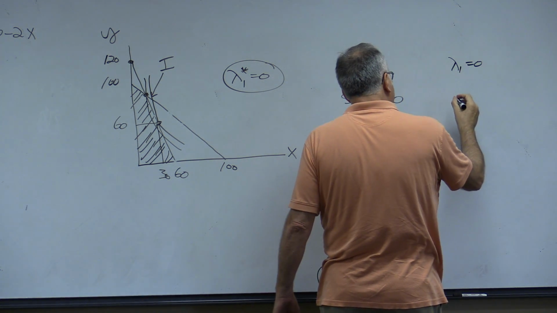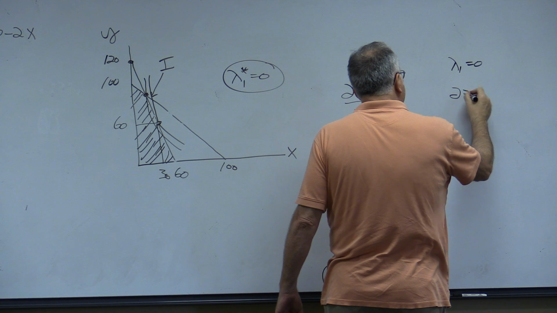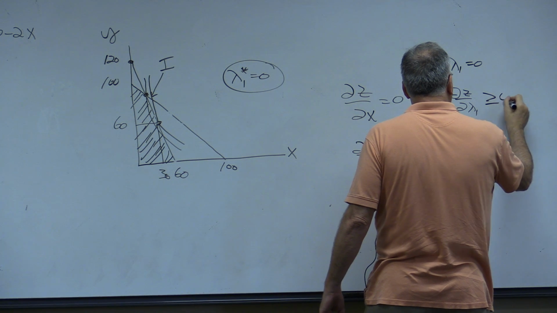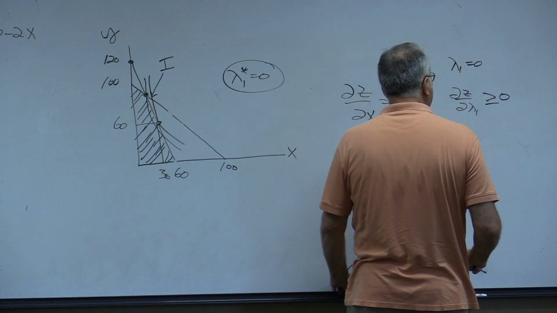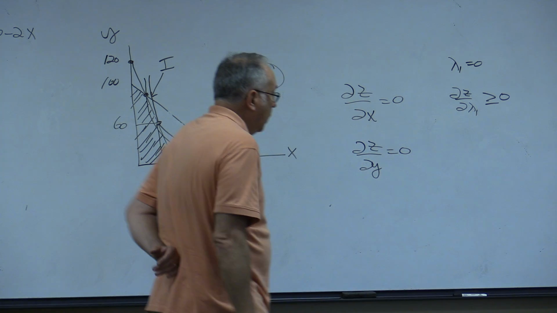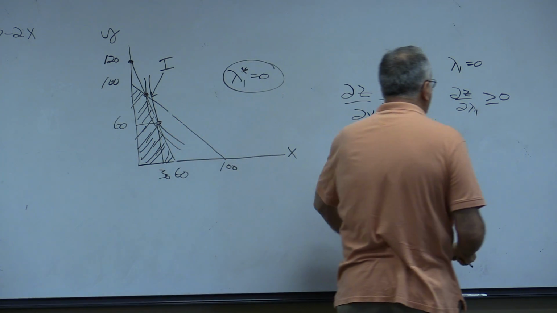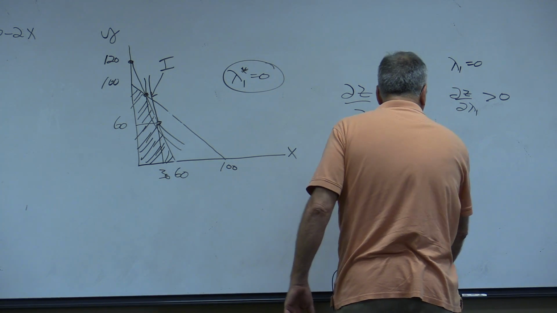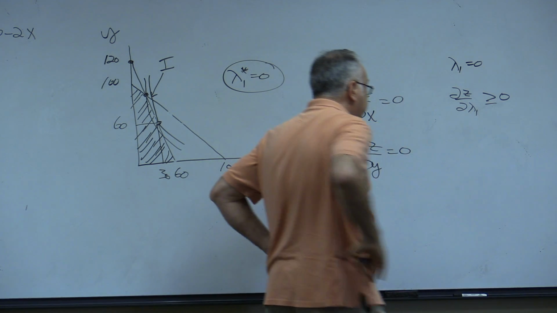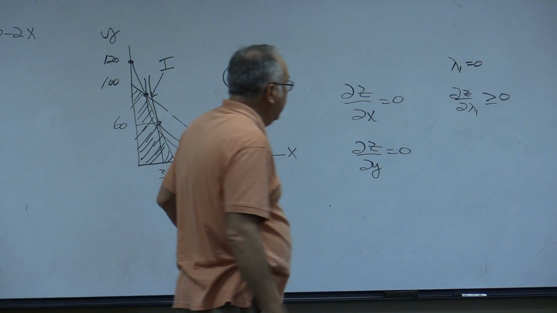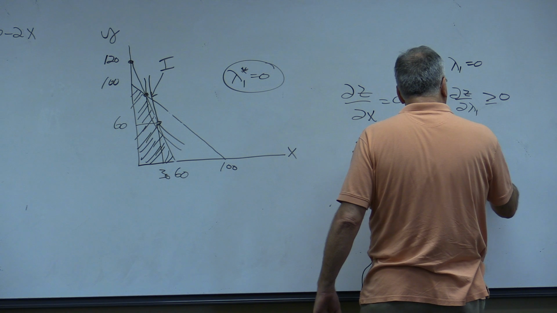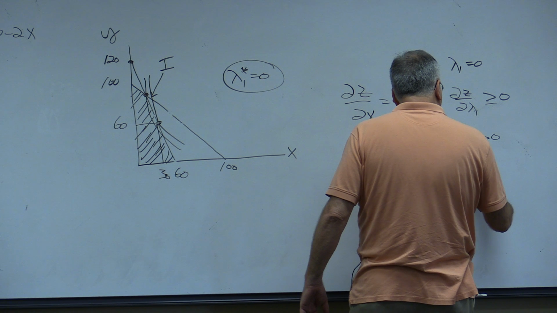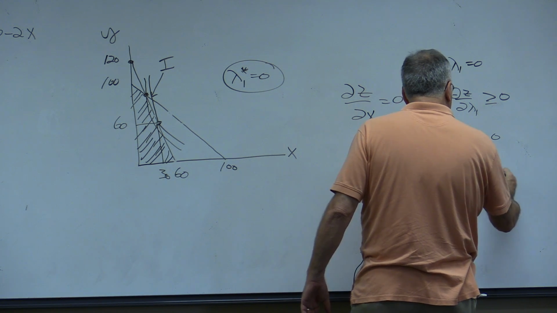So that led us to this conclusion, that partial z partial lambda 1 is greater than or equal to 0. Actually, partial z partial lambda 1 is positive in this case. Well, actually, it could be exactly 0, so I'll just put that. We assumed that lambda 2 was positive, so that means partial z partial lambda 2 must be exactly 0.